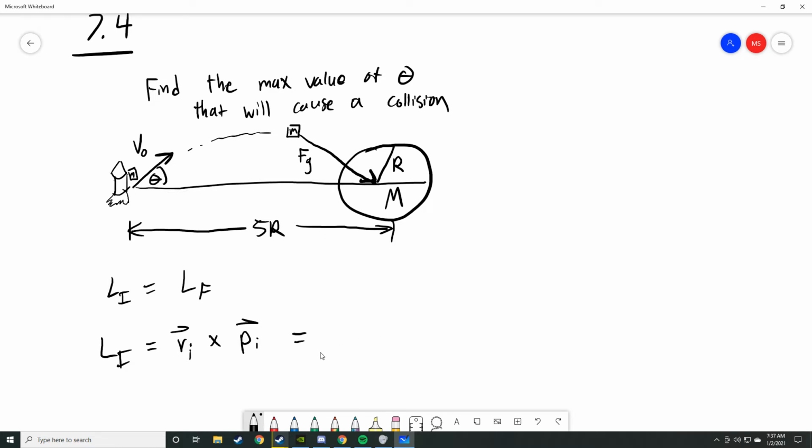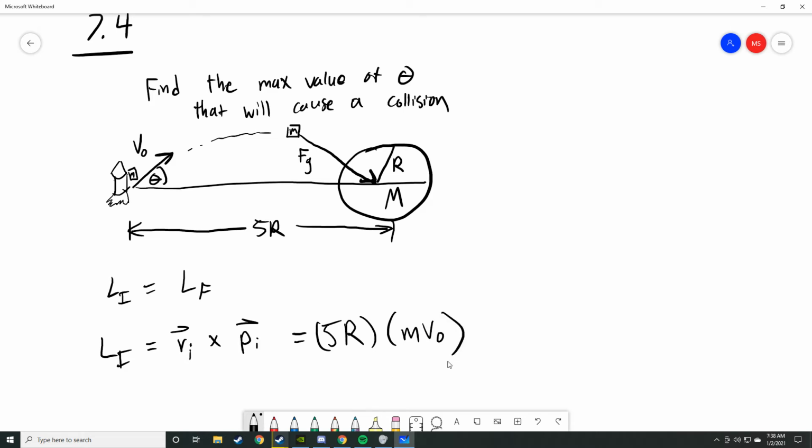So I'm just going to use the other definition of the cross product. The magnitude of that is going to be 5r, the magnitude of the first one, times the magnitude of p initial, which is going to be the small m times this v naught.